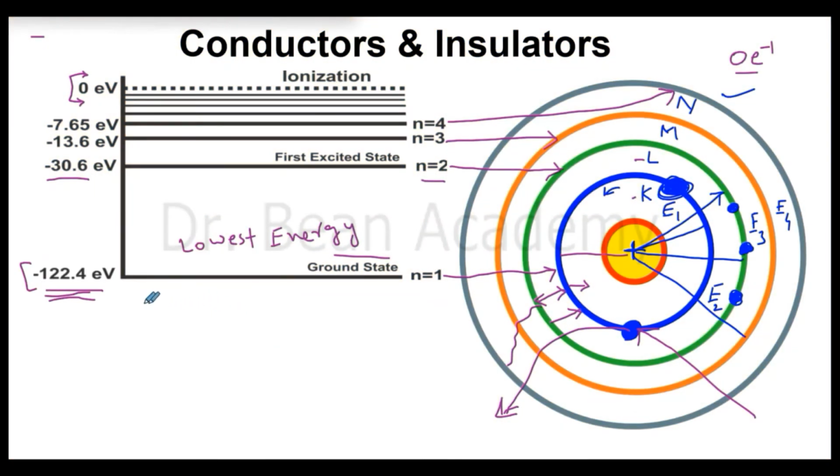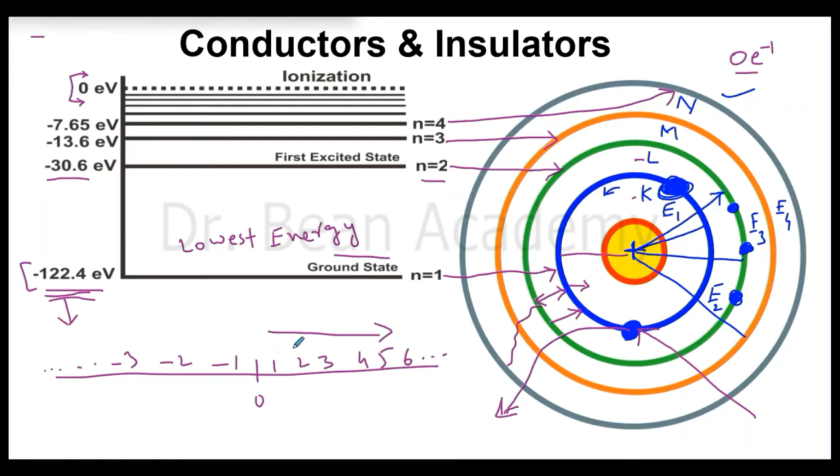The negative sign shows that I need to give this energy to the electron if I want to liberate it from its nucleus. But consider the properties of negative numbers. Here is a number line: in the middle I have 0, then positive numbers on the right side, 4, 5, 6, and it goes on. Similarly, I have negative numbers on the left side. We know that the value of the number increases towards the right. So there is an increase.